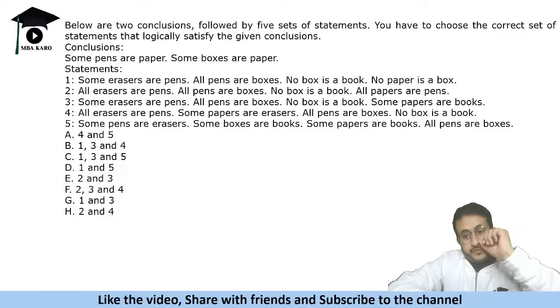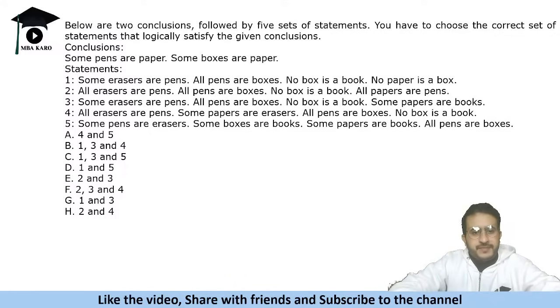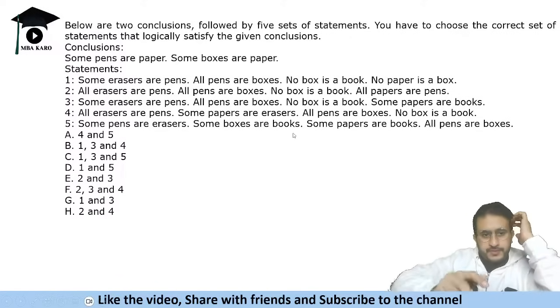So you have to tell which of these statements give the above two conclusions. Here you will have to go option by option.